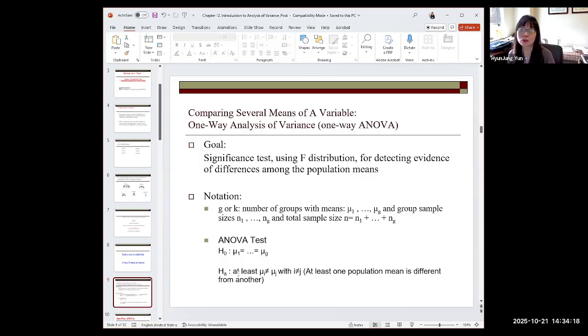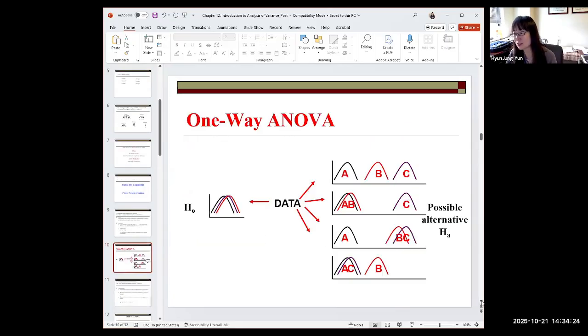And then when you talk about the alternative hypothesis, let me come back to this slide. Depending on your hypothesis, you may want to specifically confirm that method A is different from method 3. Or you want your hypothesis to say all three teaching methods, or all six teaching methods, are all different.